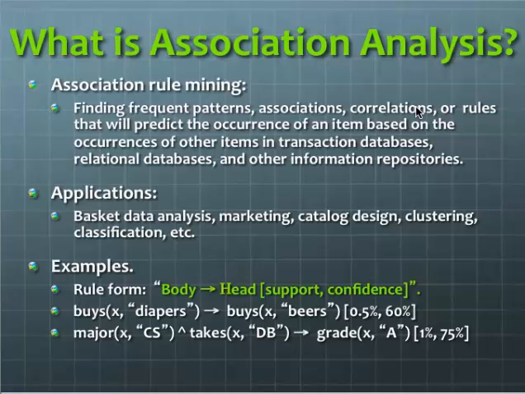classification. You can see here in the slides some examples of association rules. The basic form of the rule is like this: when A happens, B is going to happen too.